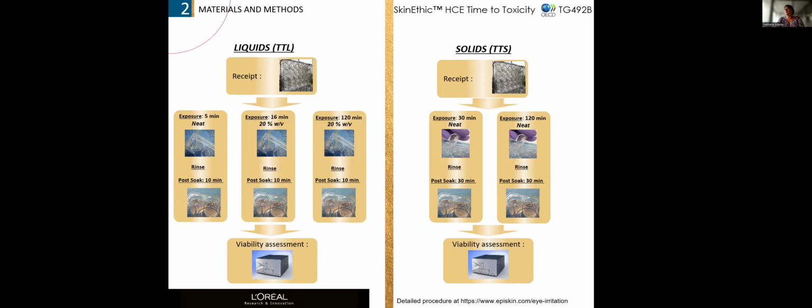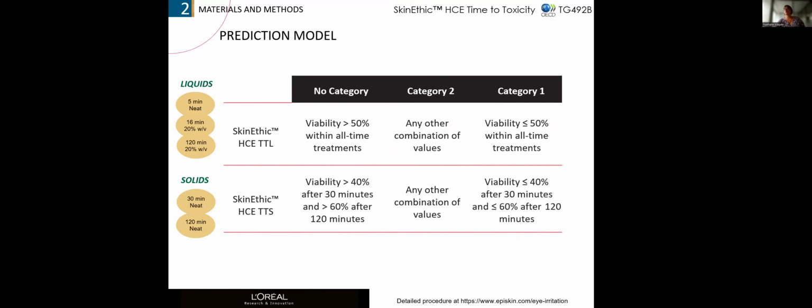You quantify this by extraction from the tissue, and then you determine the cell viability in reference to the negative control substance, which is considered as 100% viability. From that, you can then define prediction models.